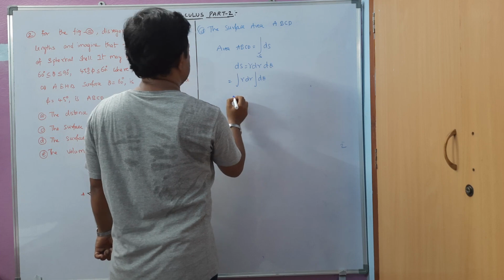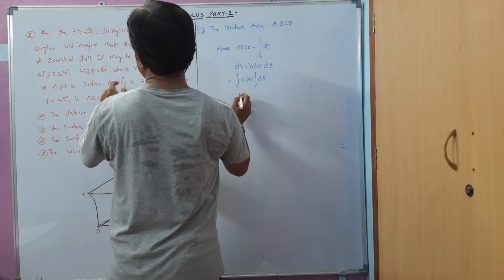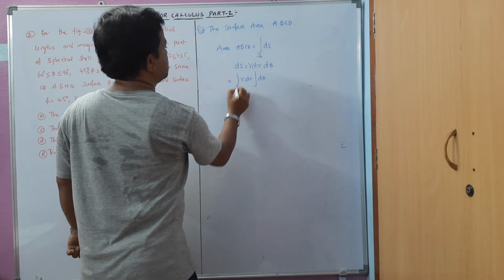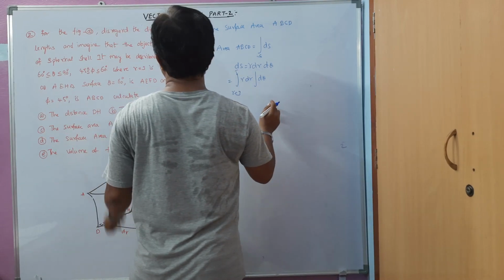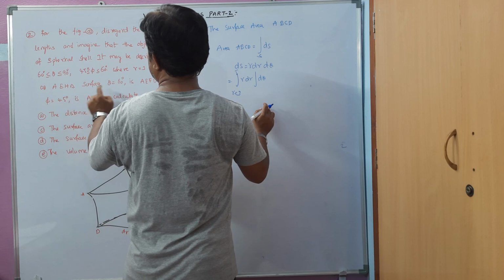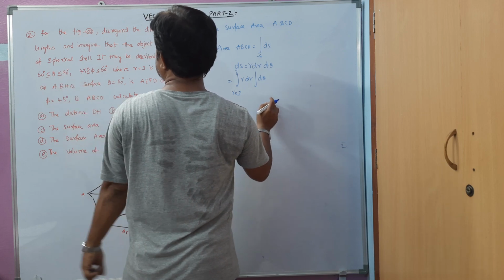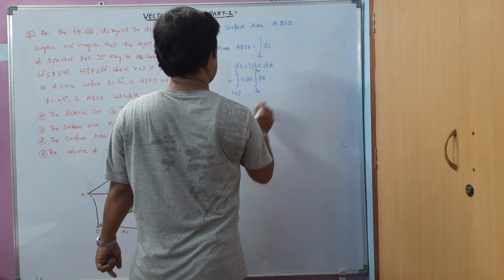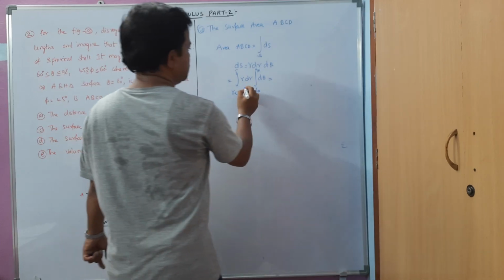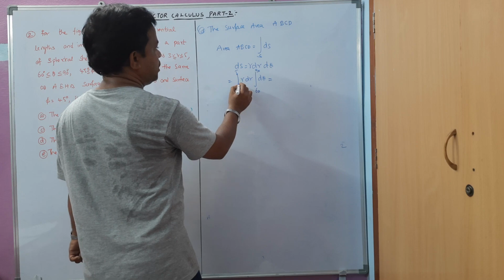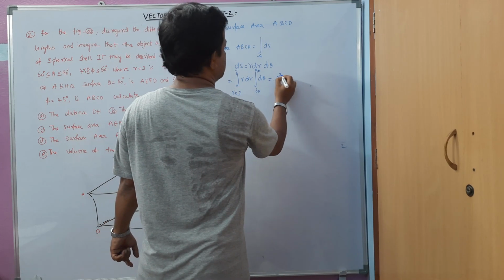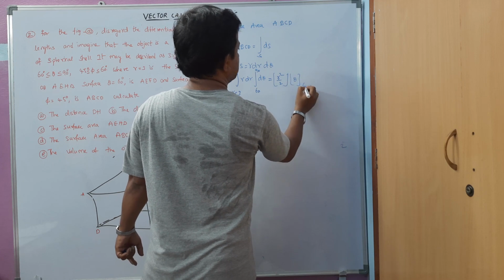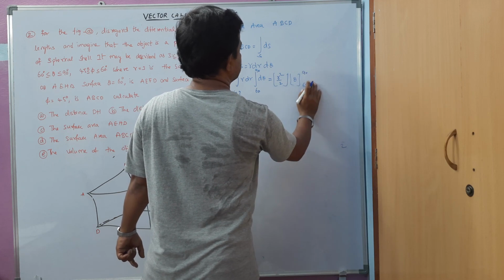So r is varying from 3 to 5, and theta is varying from 60 to 90 degrees. That will be giving me, the integration of r is r square by 2, and theta is 60 to 90 degrees.